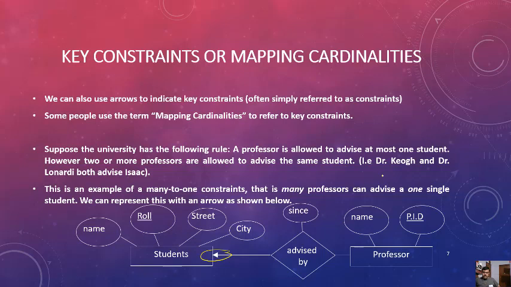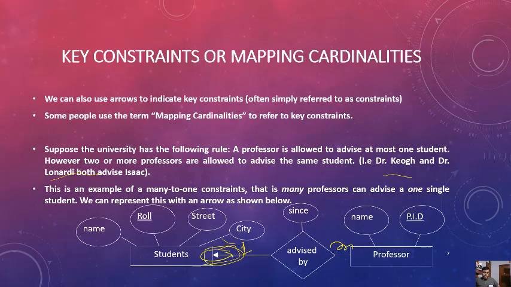So this is an example of a many to one constraint, many professors to one student, that is, many professors can advise one single student. We can represent this with an arrow as shown below. This is the arrow, which means many to one. So the cardinality here is many, and here it is one.